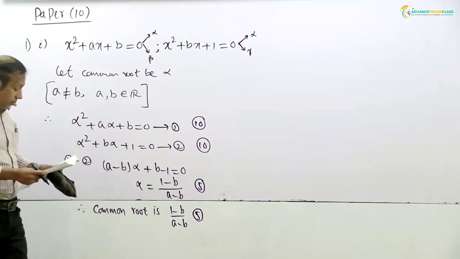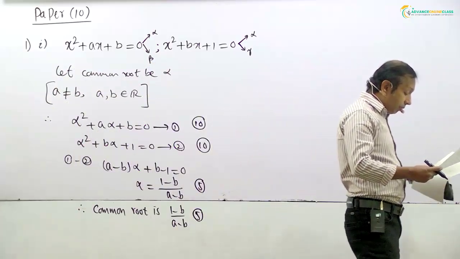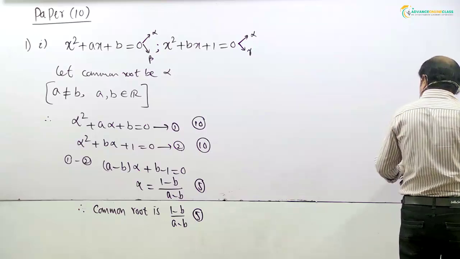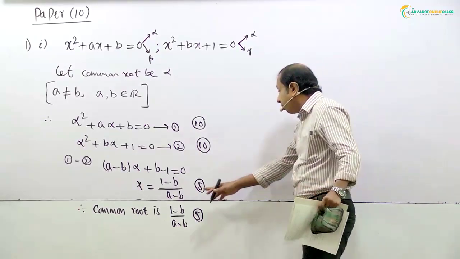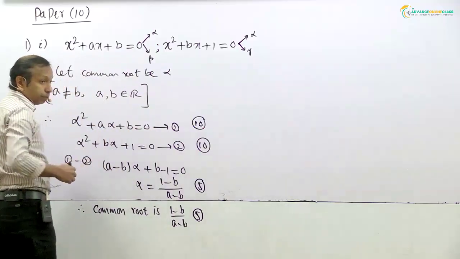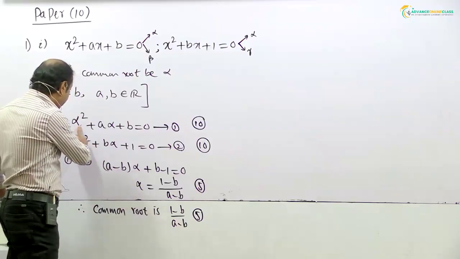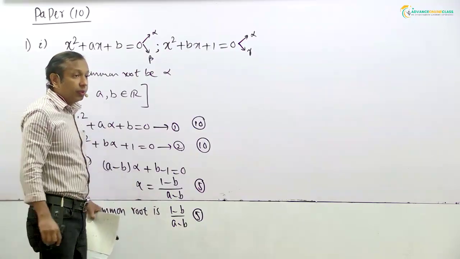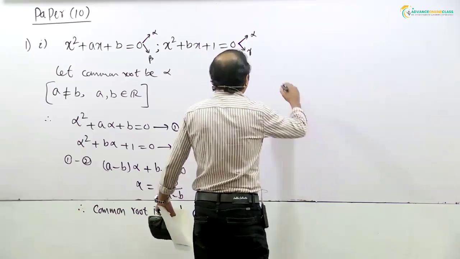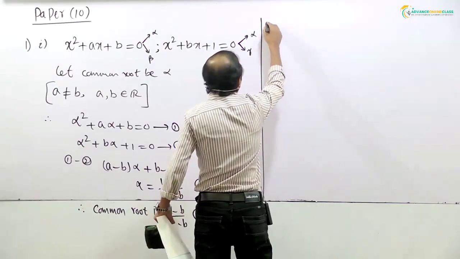Right. Now, the second part. This answer of alpha, we substitute in number 1. This alpha value, we substitute for alpha here in number 1. Then you get the second answer.